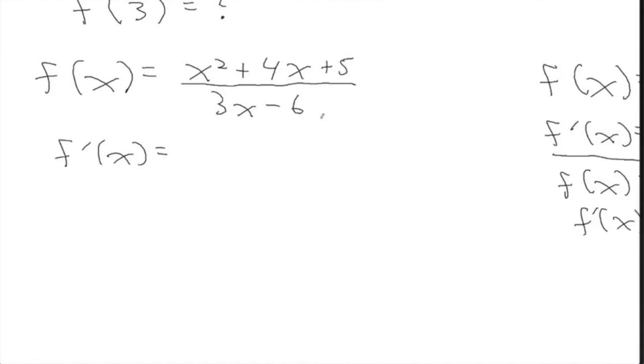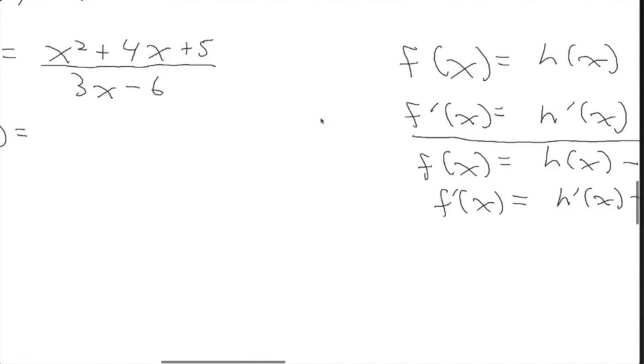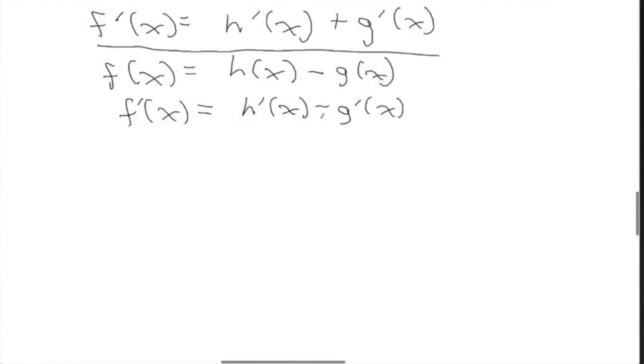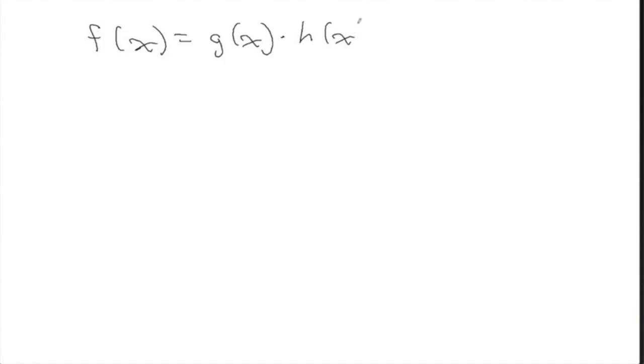Let's see here then. Okay, now I see. So here I have a function which is g times h. Do you know what f prime of x would be here?